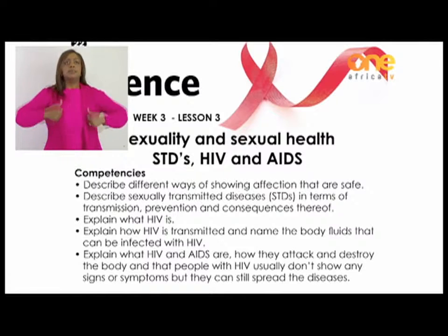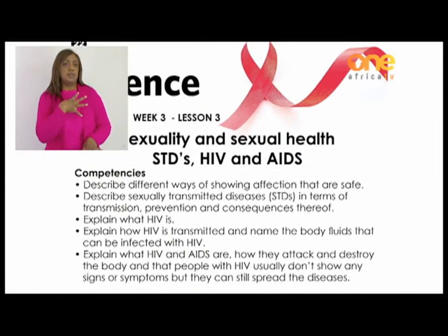The first basic competence says that a learner in grade 7 must be able to describe different ways of showing affection that are safe. The second says that a learner must be able to describe sexually transmitted diseases, STDs, in terms of transmission, prevention, and consequence. Then, a learner must be able to explain what HIV is, how HIV is transmitted, and name the body fluids that can be infected with HIV.